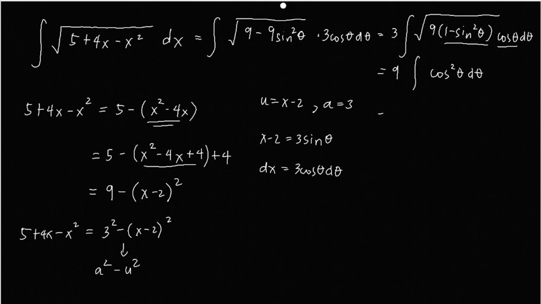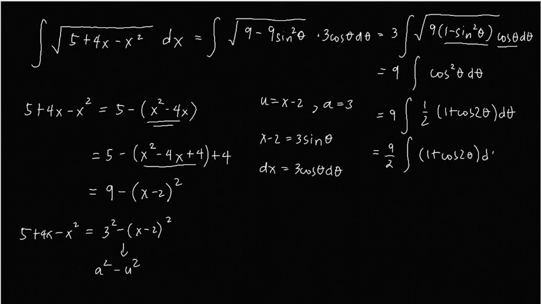Then applying trigonometric identities, we have 1/2 times 1 plus cosine of 2 theta d theta. Factoring out 1/2, so this is 9/2 times the integral of 1 plus cosine of 2 theta d theta.